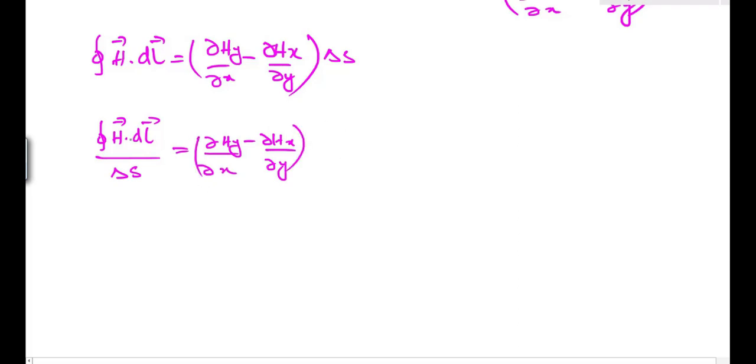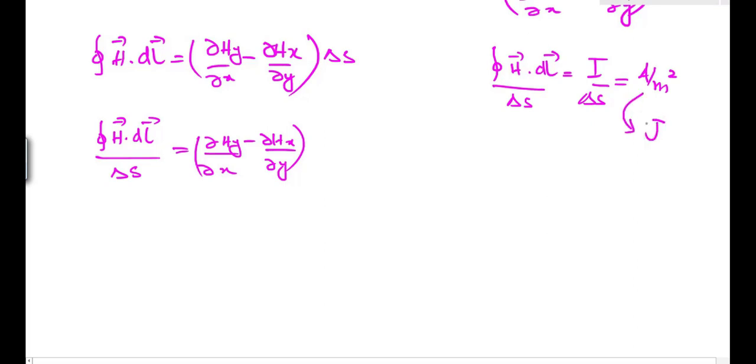Now what is this h dot dl? According to Ampere's circuital law, the closed line integral is always equal to the current enclosed by that path. So this is equal to I. Now if we divide both sides by the area, this becomes amperes per meter square, which is basically the current density.